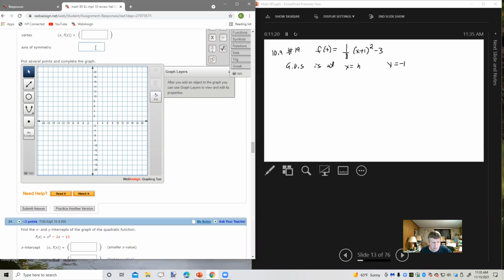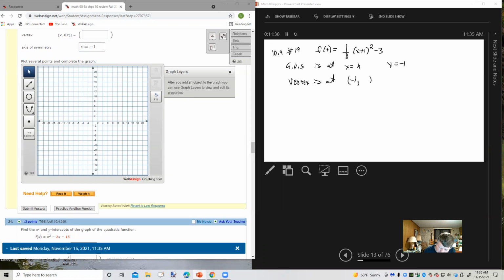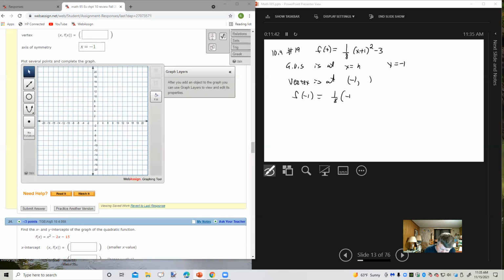So over here, I'm going to put in x equals negative 1. Notice it is an equation. The vertex is at negative 1, comma, let's find out what f of negative 1 is. It would be 1/8 times negative 1 plus 1 squared minus 3, which is 1/8 times 0 squared minus 3, which is 0 minus 3, which is negative 3.